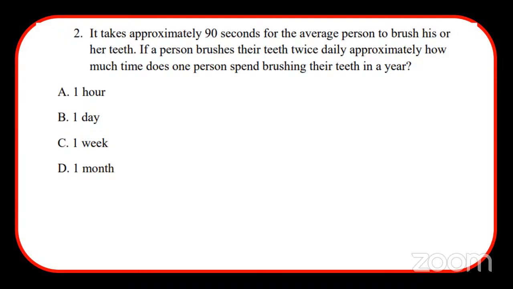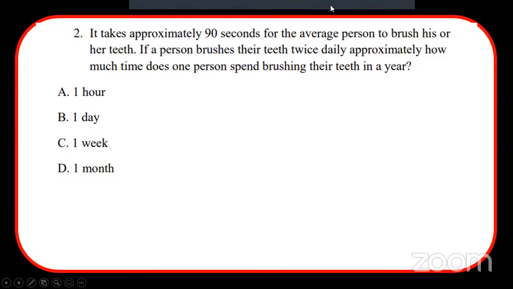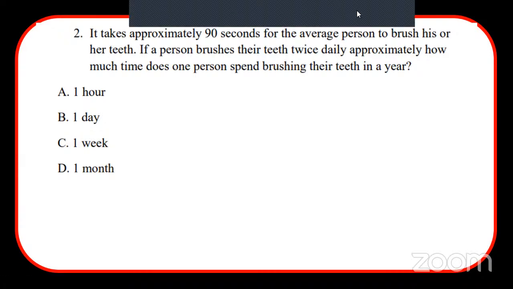All right. So I'm still waiting for some responses, but let's think about this. 90 seconds for the average person to brush his or her teeth. So if a person brushes their teeth twice daily, approximately how much time does one spend brushing their teeth in a year? Let us know how many seconds or how many minutes one takes to brush their teeth each day.